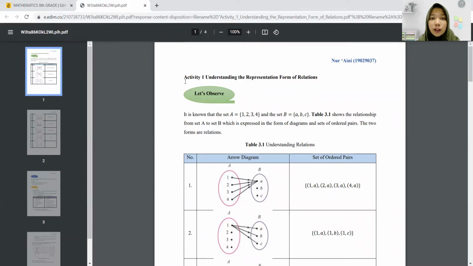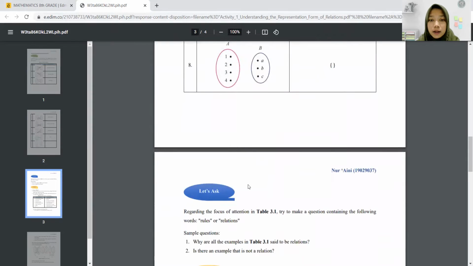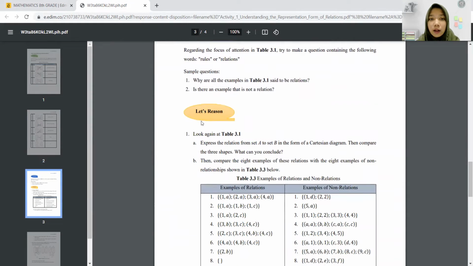Okay, in this activity, students can observe about the problem given. Then students can ask, and of course, students can reason.